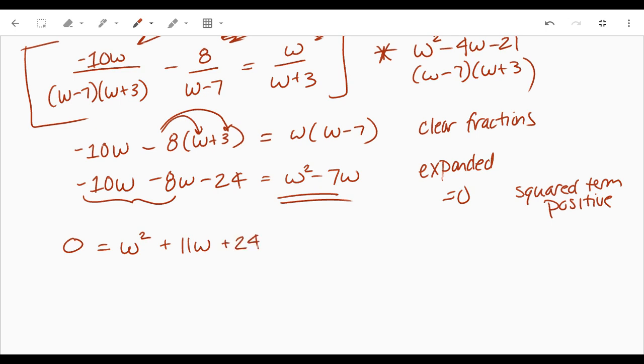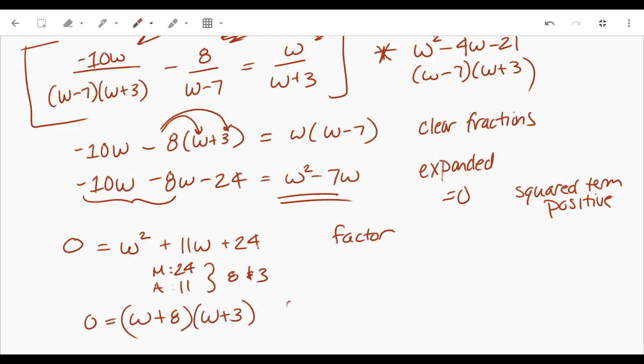Okay, now we can factor. Multiply to be 24, add to be 11, that's going to be 8 and 3. And now we can solve. W equals negative 8, or W equals negative 3.